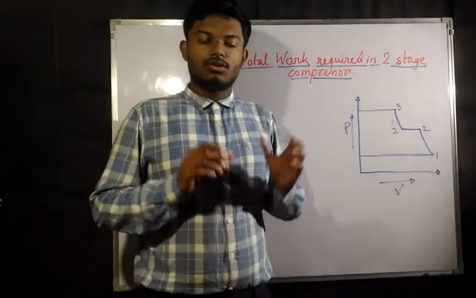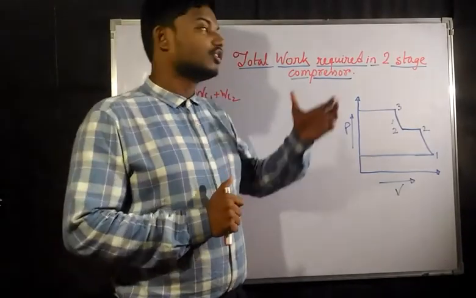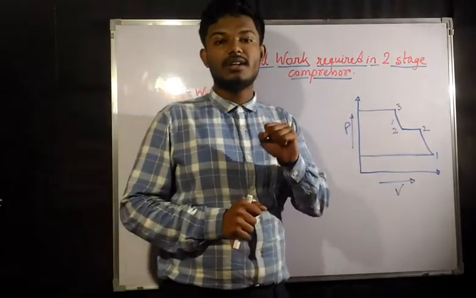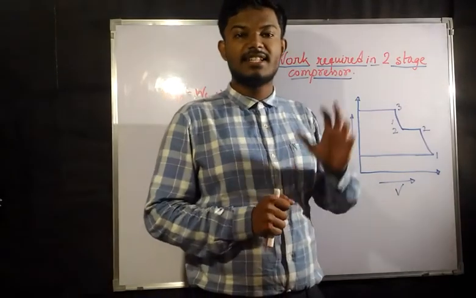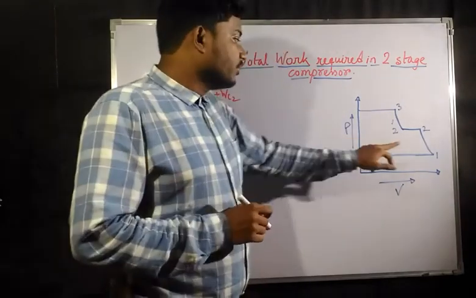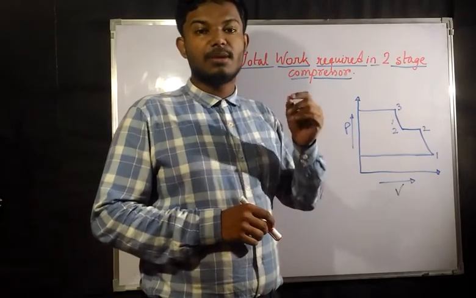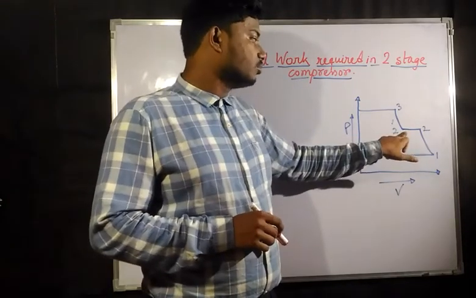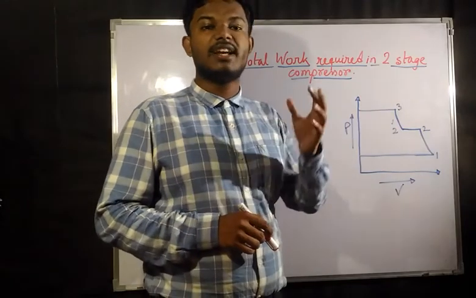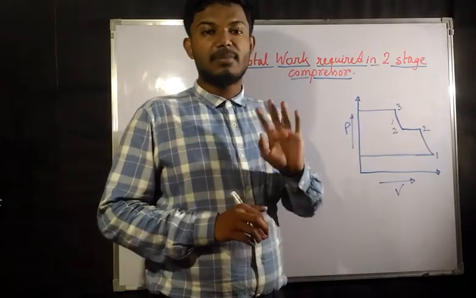Okay, so now we are going to see what is going to be the total work required by the compressors in case of multi-stage compressors. As we know, from 1 to 2 the compression has been done by one compressor, that is compressor 1, and from 2 dash to 3 the compression has been done by another compressor, that is compressor 2.